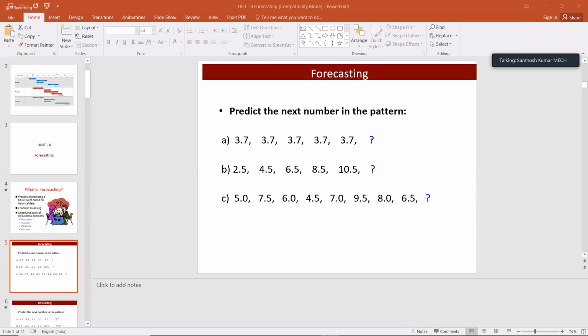Give me the answer of B. B. Answer B. What is the next number? We have to do forecast, right? 12.5.